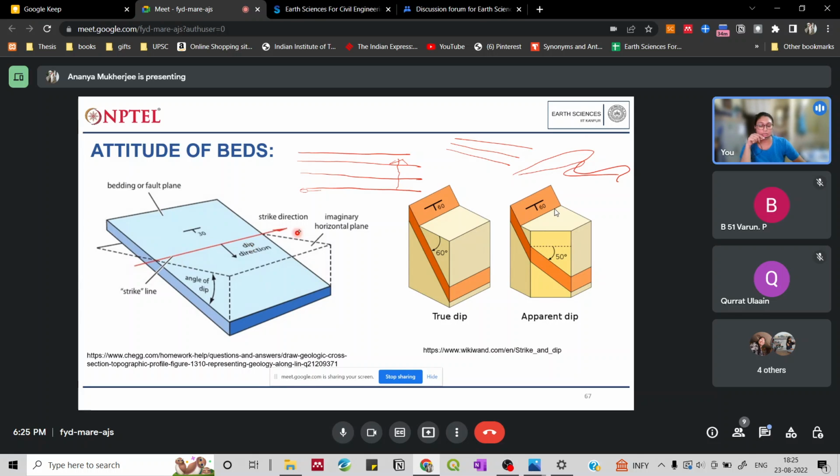Now this is called the strike of the bed. This is the strike direction. Suppose your north is like this.